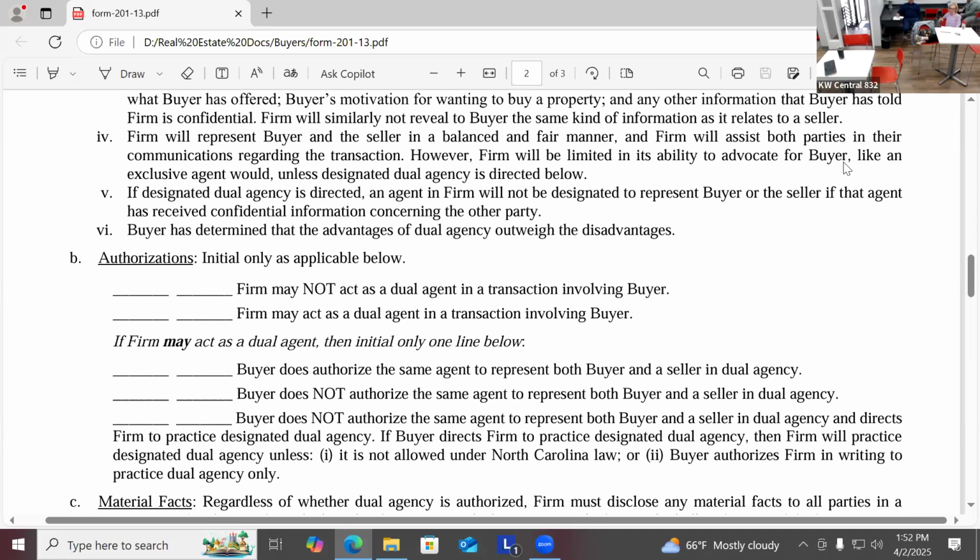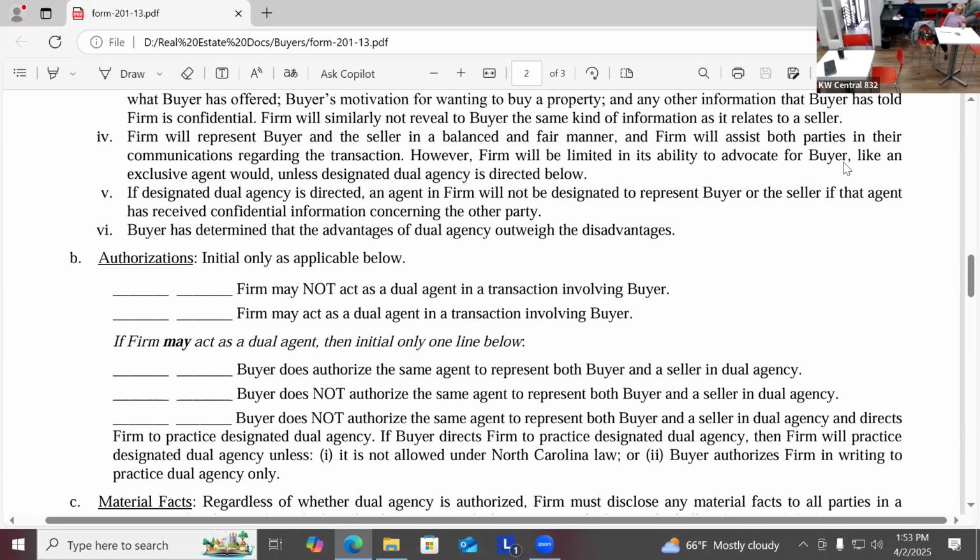Don't worry about that, because there are situations where dual designated agency is not allowed under North Carolina law. But it comes into play if you are selling your own property or property that you have an interest in, that sort of thing. So don't worry about that. Just act like the rest of that's not even there.